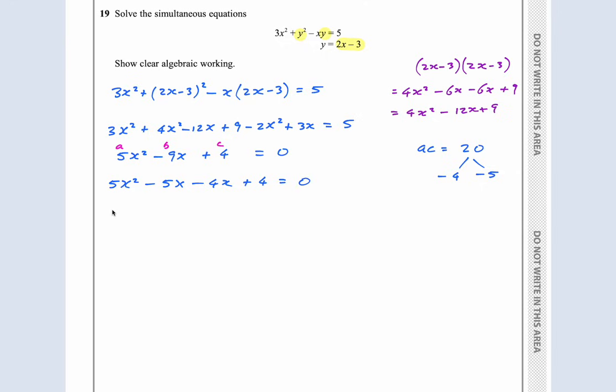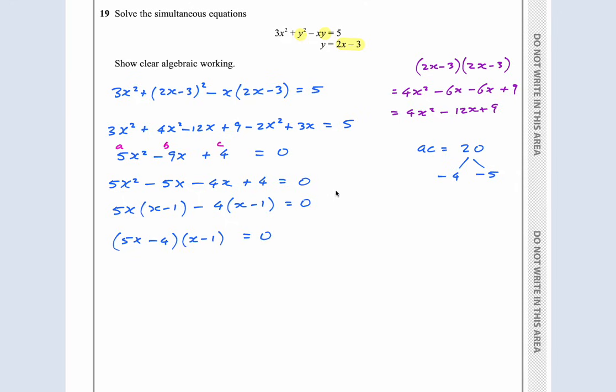And then I factorize these two, so I take out the 5x and I'm left with x minus 1. And here I take out the minus 4, and I'm left with x minus 1. And then the factors are 5x minus 4 times x minus 1, and this equals 0.